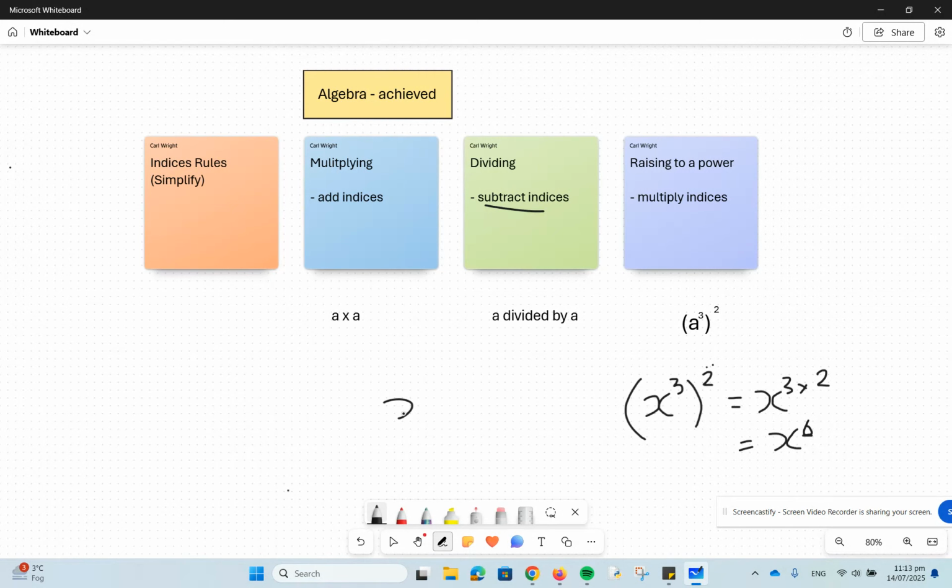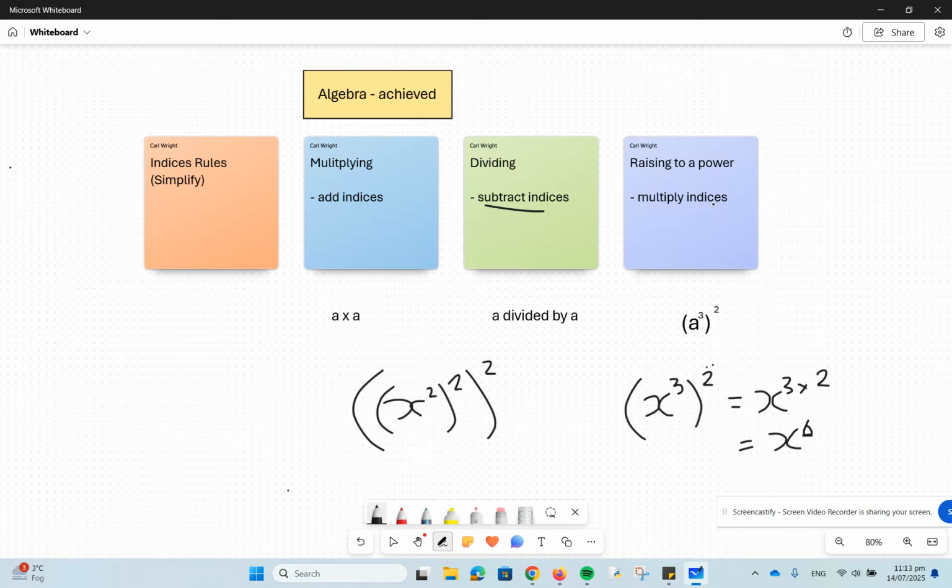Let's do a real crazy one. Let's go x to the power of 2. Raise it to the power of 2. And raise it to the power of 2. Whoa, crazy. So we've got x to the power of 2 raised to the power of 2, and that's raised to the power of 2.